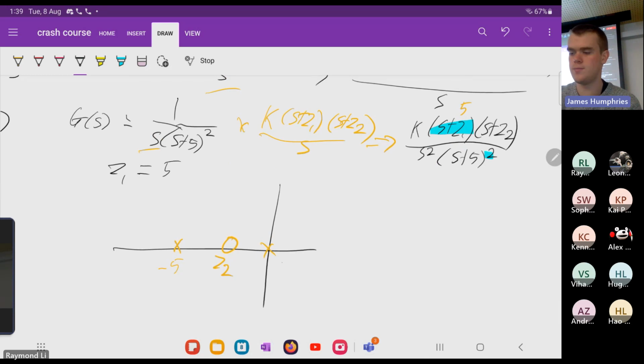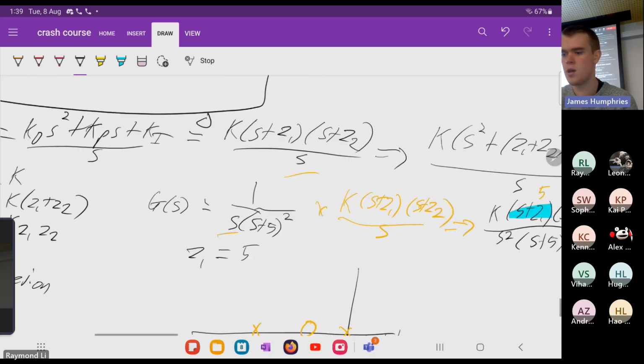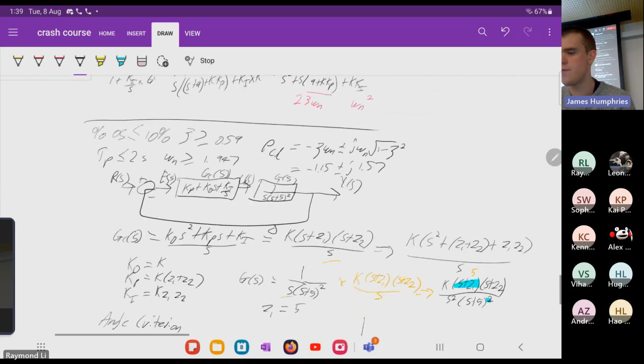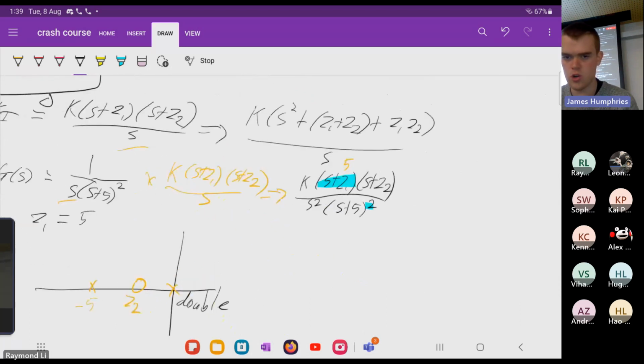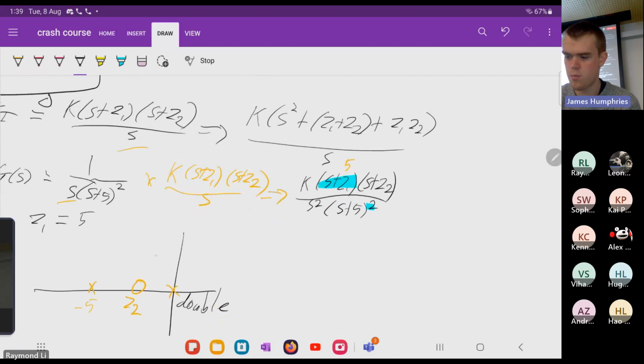So this is a double. And from above, we want the poles to be here. So we should have a pole at minus 1.15, somewhere like here, making sure we have this. There are 2 of them going this way.